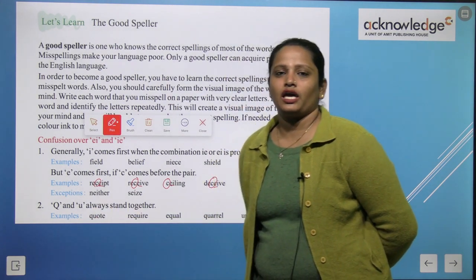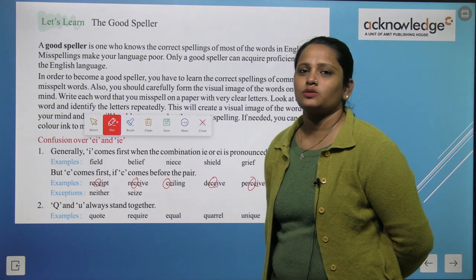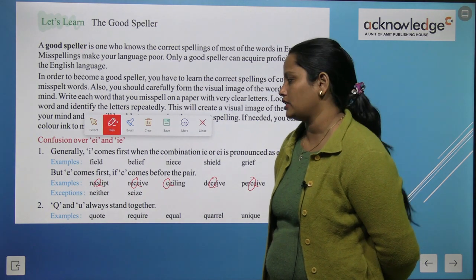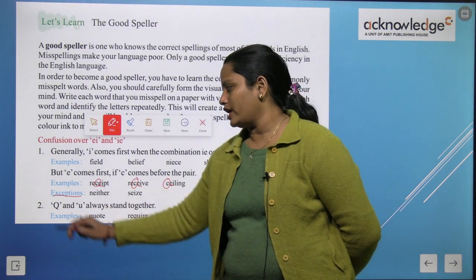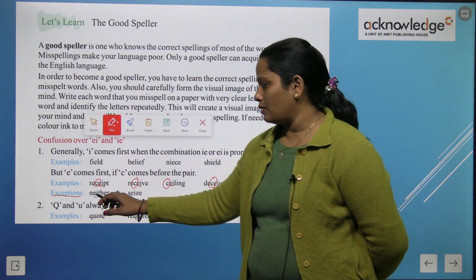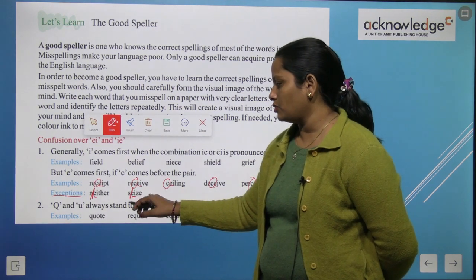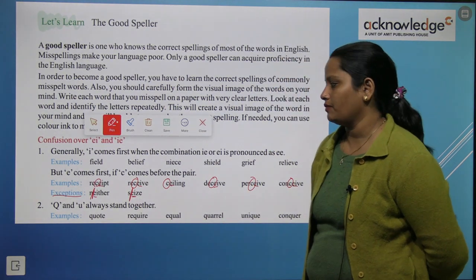Here are some exceptions. Means कि कुछ ऐसे exceptional words हैं जिसमें हम ये rule follow नहीं करते. So these are called exceptions. So अब यहाँ पे E-I आ गया but यहाँ पे कोई भी C नहीं है. Same here, E-I is written but C is not written here.